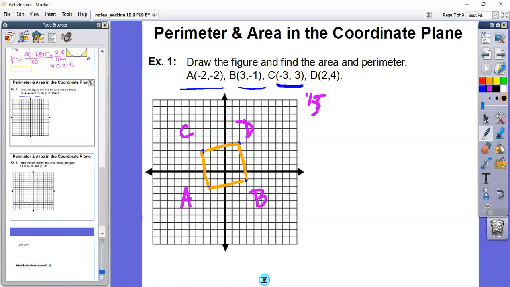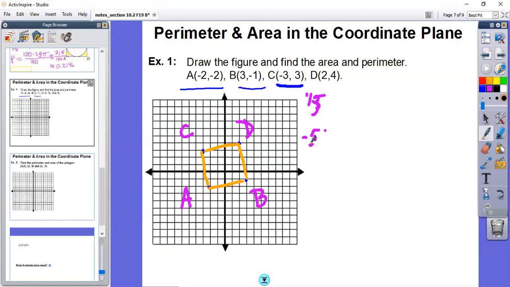Then I'm going to check side AC. So from C to A, it looks like it goes down 5/1. And then I'm going to check from D to B, that looks like it goes down 5/1. So that tells me a couple of things.